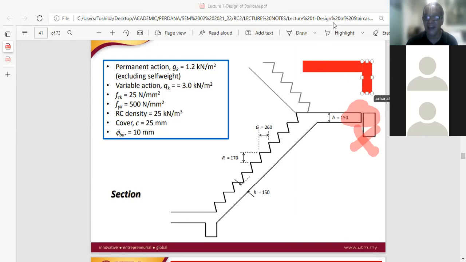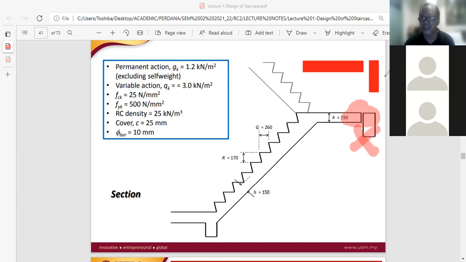Beam at the end of the landing. Macam ni. Okay. But unfortunately, the beam dengan landing is not connected. There is a gap between the beam dengan landing, making it redundant. Bermakna this particular beam is not acting sebagai penyokong kepada staircase.